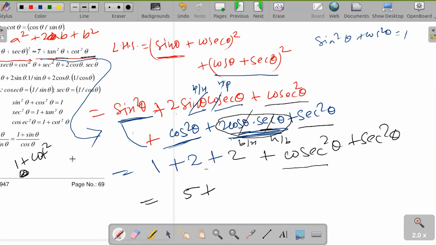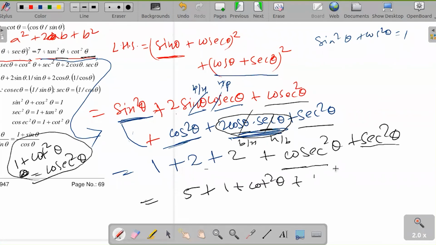So instead of cosec square theta, we can write 1 plus cot square theta. In a similar way, for sec square theta, we have the formula 1 plus tan square theta. So overall it will be 5 plus 1 plus 1, that is 7, plus cot square theta plus tan square theta.